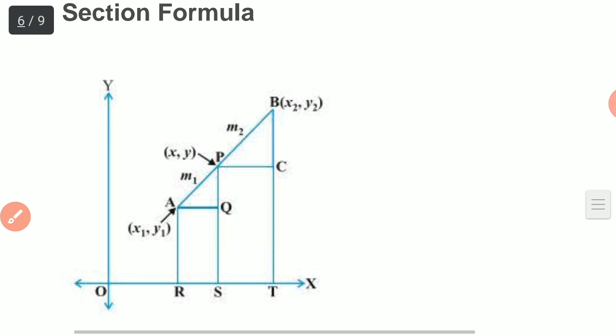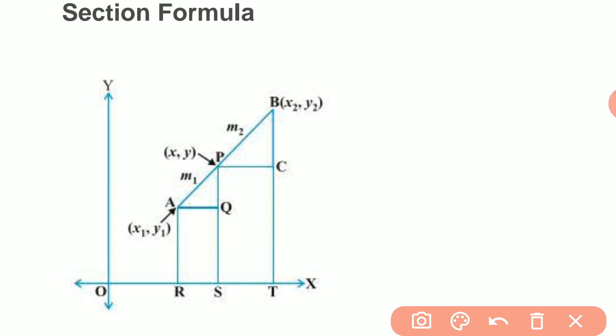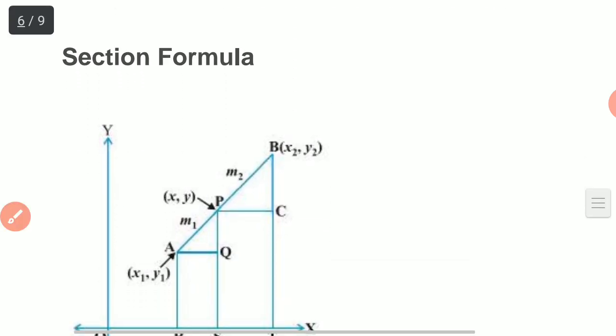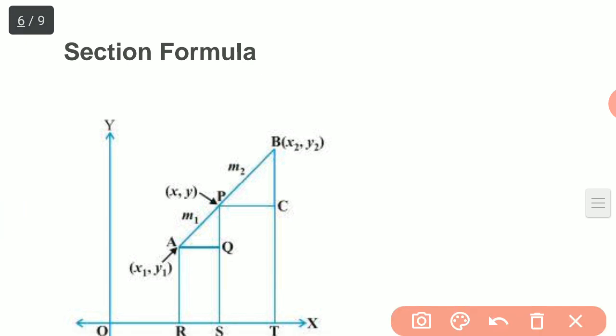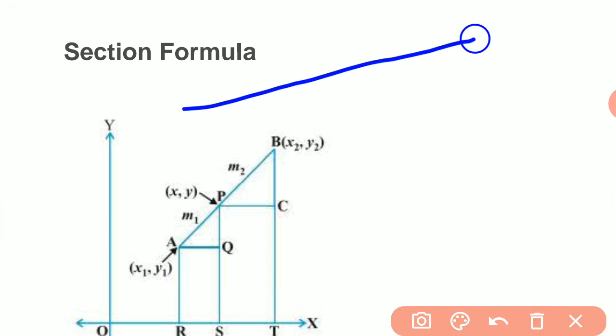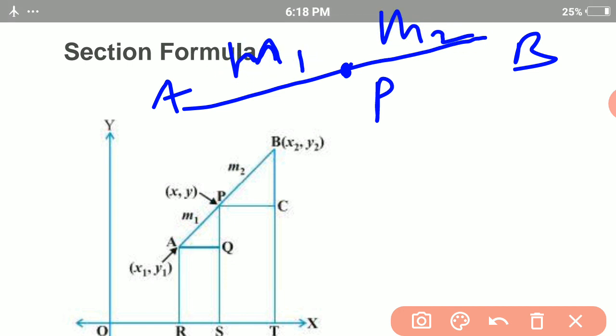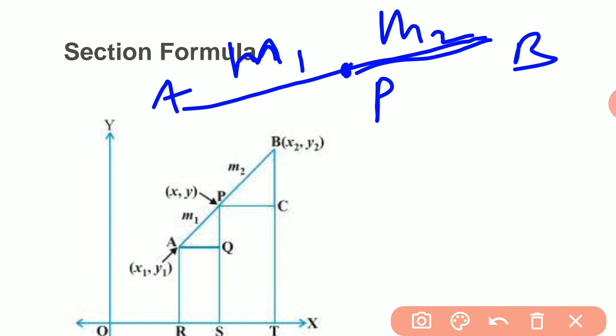Section formula. In the section formula, suppose this is a line AB and a point P. P divides this line in the ratio m1 to m2, where the distance from here to here is m2 and from here to here is m1.